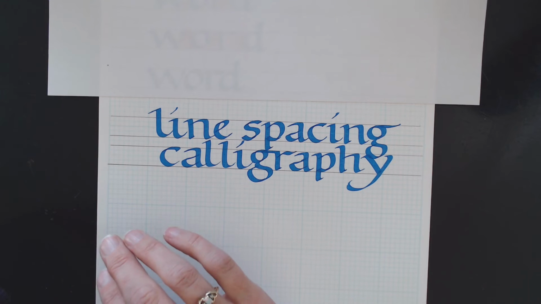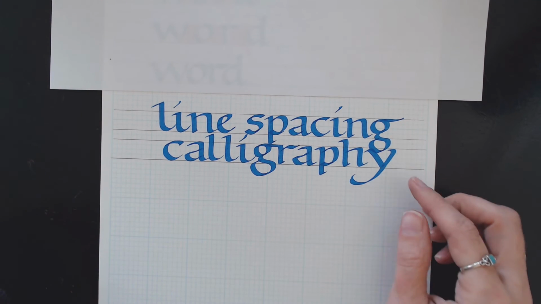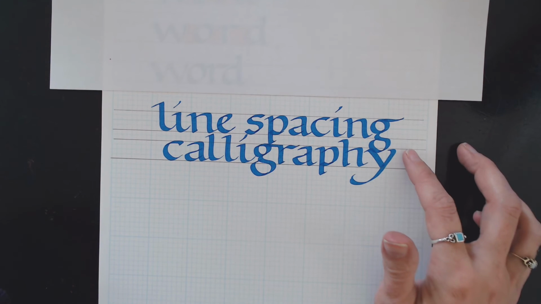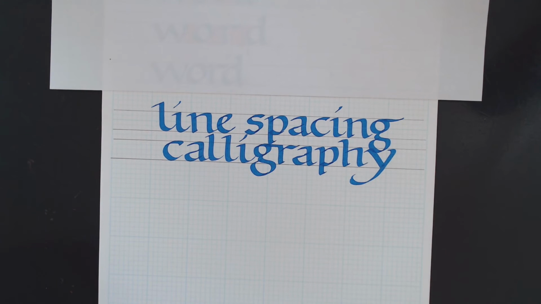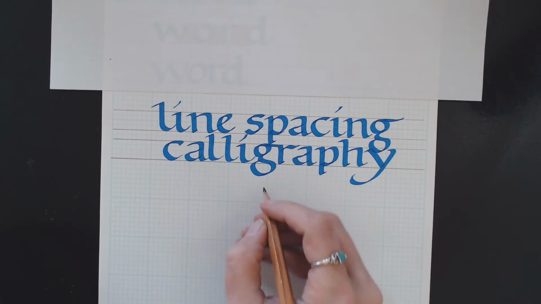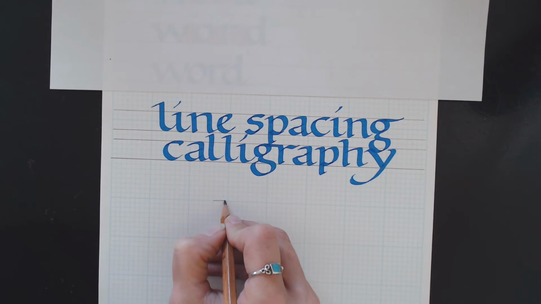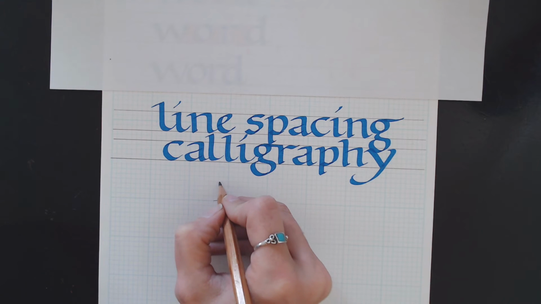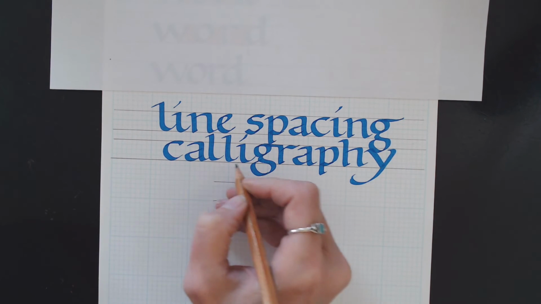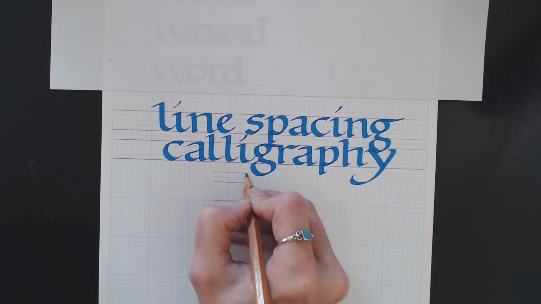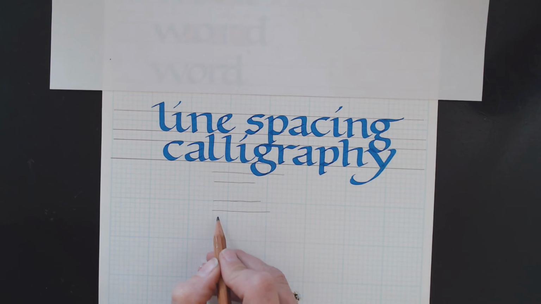So when you're ruling up your guidelines, you want to make sure you leave at least a little space in between each set of guidelines. So you'll have your baseline, and then your header line, ascending line, and your descending line, and then leave a space.